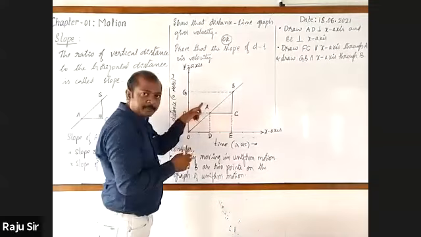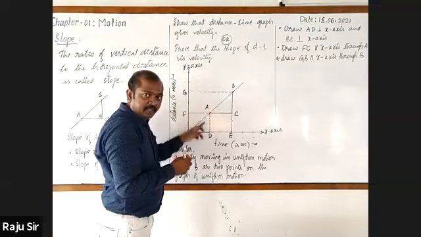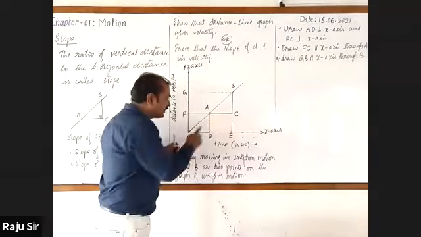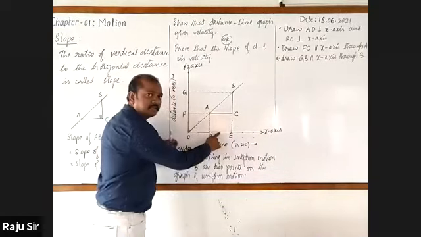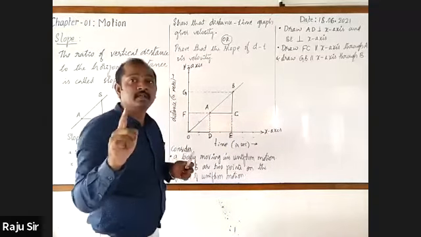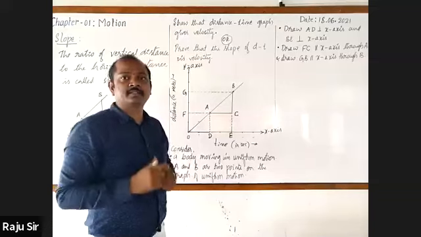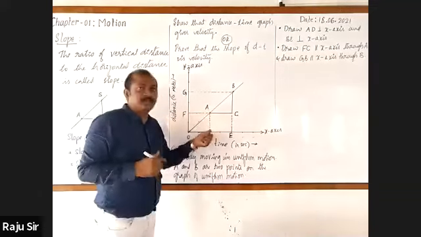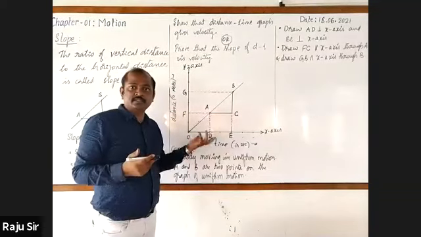Observe. Here we have drawn the perpendicular line from A to x-axis. This line has intersected the x-axis, which means it has intersected the time axis. What is that time? We do not know that time.